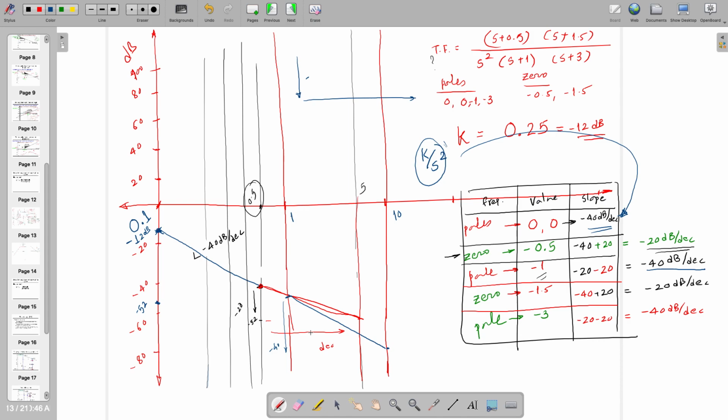It was just random. You can calculate it by keeping 0.5, replacing all the omega. That transformation will give you the value. So then it's magnitude, right? Yes or no?